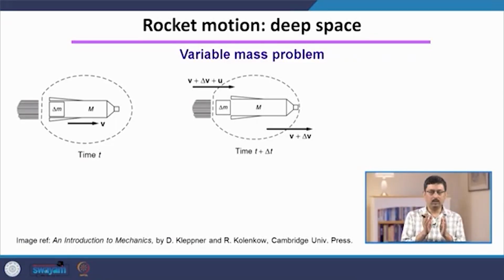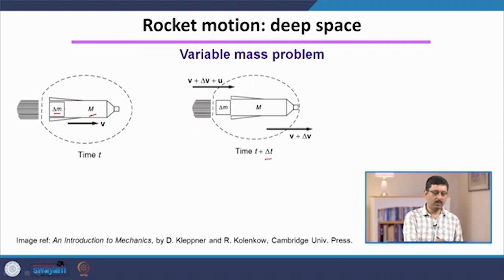This is where the thrust force comes into the picture. The mechanism is the following. Look at the rocket for a time interval of delta t. The rocket has, let us say, mass capital M at time t, and part of the mass is the fuel. Let us say the fuel's mass is delta M, and the rocket is going to eject this amount of fuel in the time interval delta t.